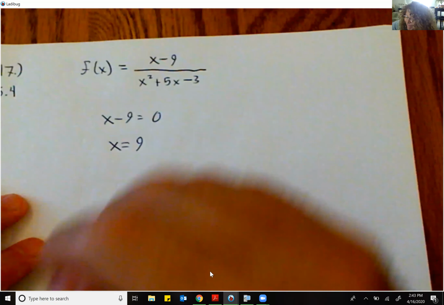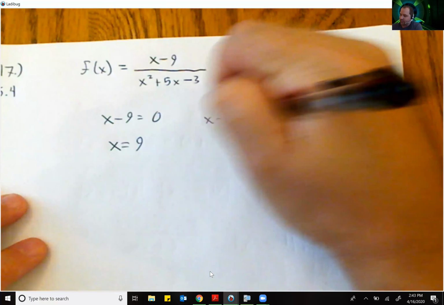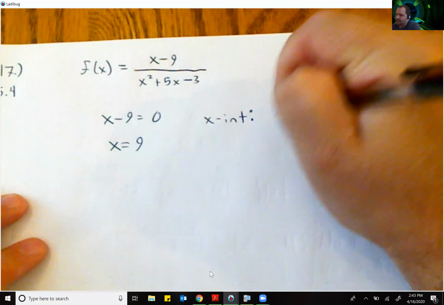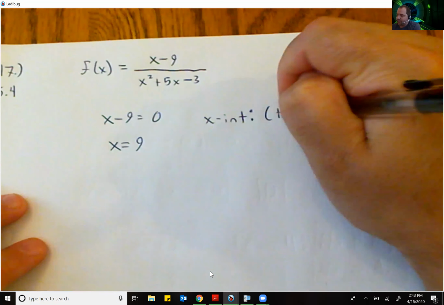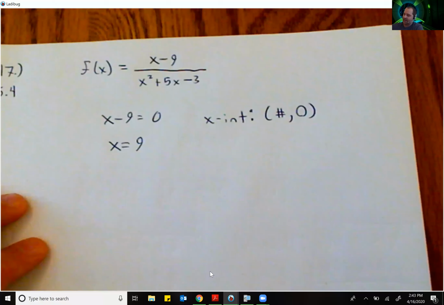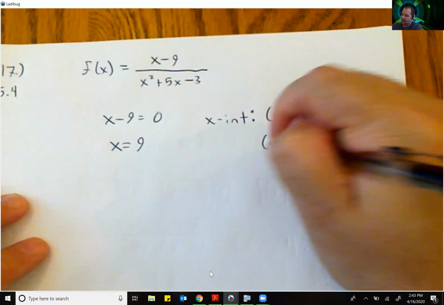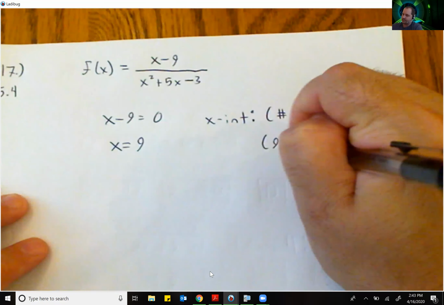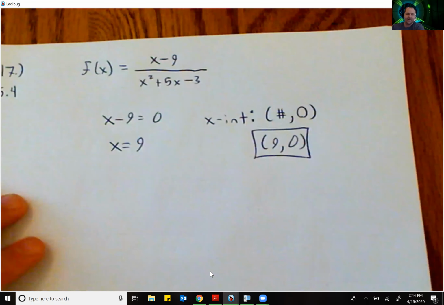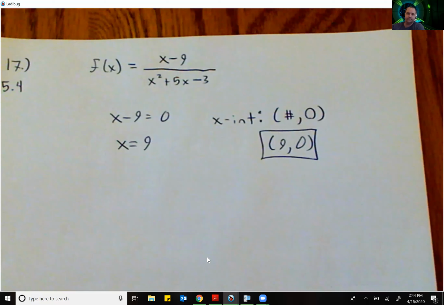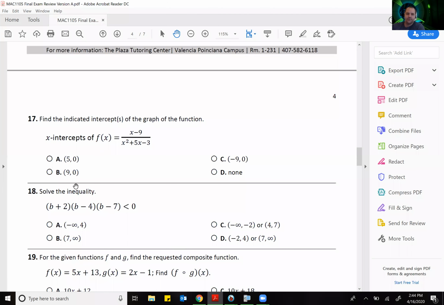Remember, x-intercepts as a point look like the number, comma, 0. So our answer is 9, 0. Just set the numerator equal to 0. So B is the answer.